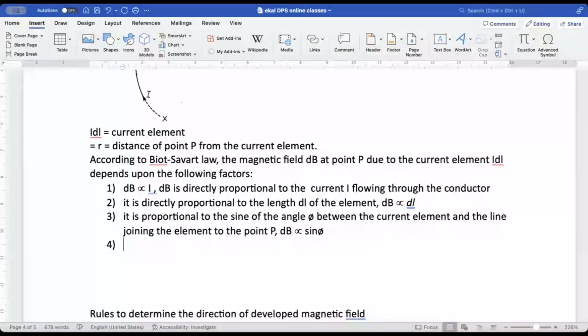Then the fourth one is it's inversely proportional to the square of the distance r between the element and the point.